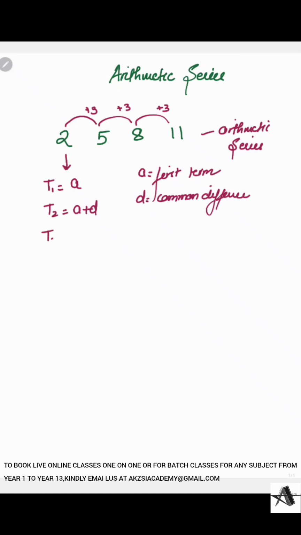Similarly, T3 is what? In this you are adding D to the previous term, so it will be A plus D plus D, that is A plus 2D. Similarly, T4 you are adding D to A plus 2D, so it will be A plus 3D. So what's happening? First term is A, second term is A plus D, third is A plus 2D. A is common, plus is common, the only thing is the coefficient of D is changing. And what's the relation?